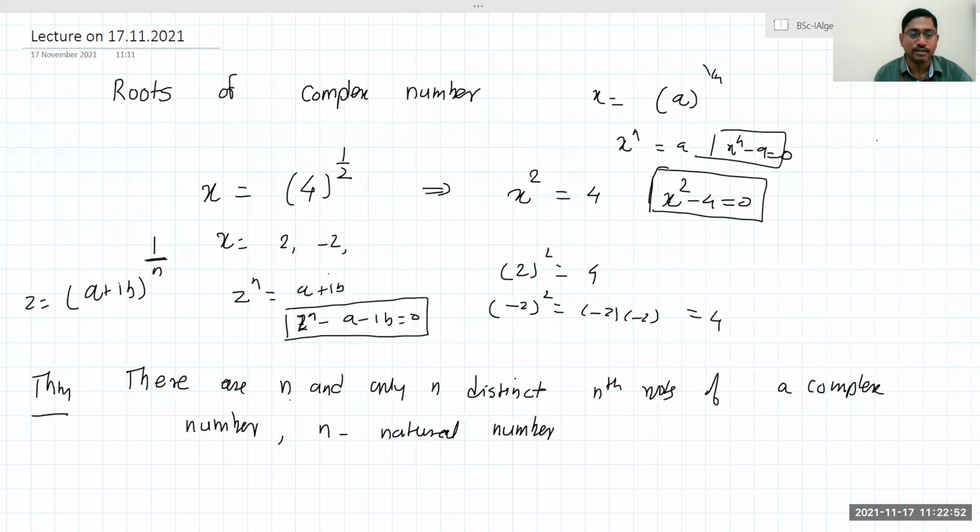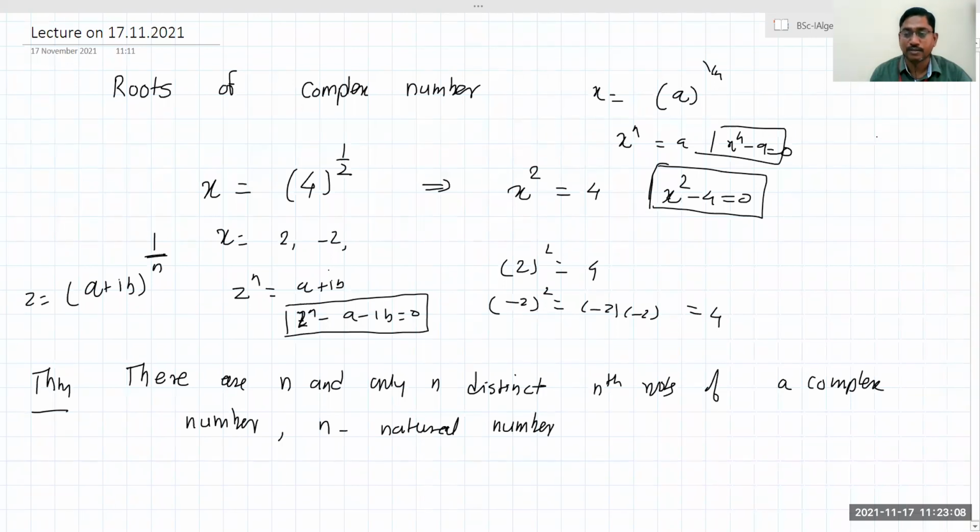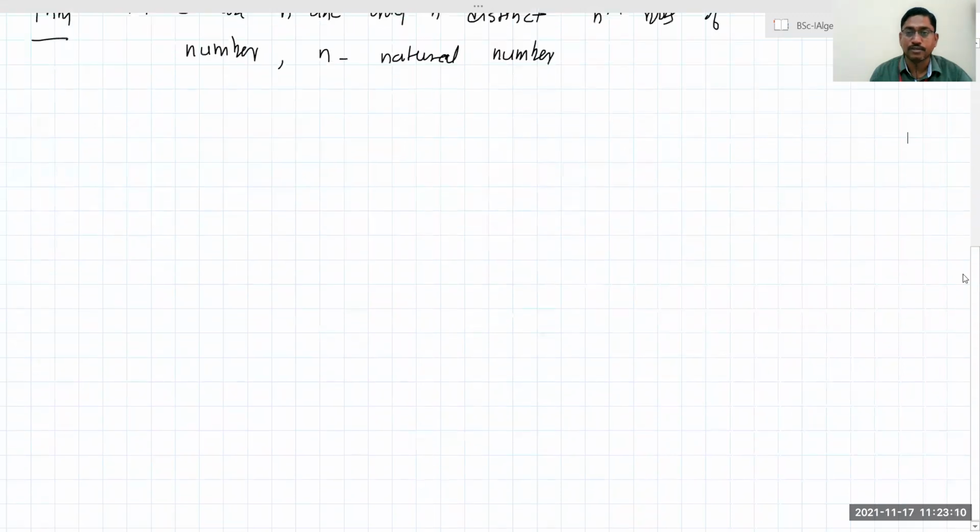So it shows that it has only n, and all n are distinct roots of that complex number a plus ib. This we are going to prove with the help of De Moivre's theorem that has been discussed in the previous classes. How De Moivre's theorem plays a role here, we will discuss in the proof.